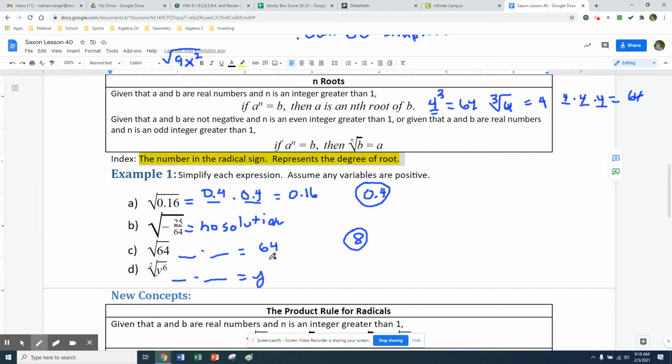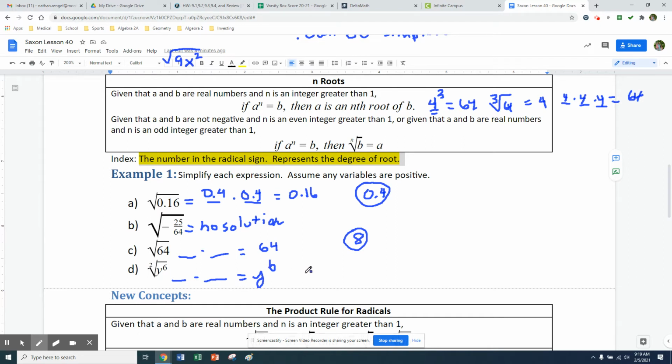I've got a number times itself that needs to equal y to the 6th. When we're multiplying variables that have exponents, to get to y to the 6th, the exponents need to be added together. And the second piece of information is that the 2 numbers that I'm multiplying to get to y to the 6th have to be the exact same number.